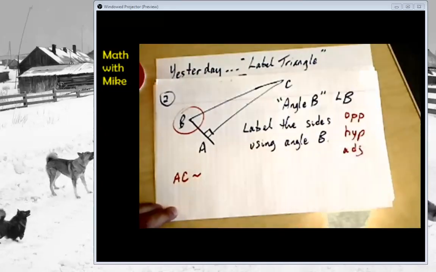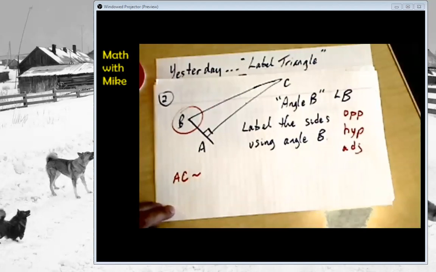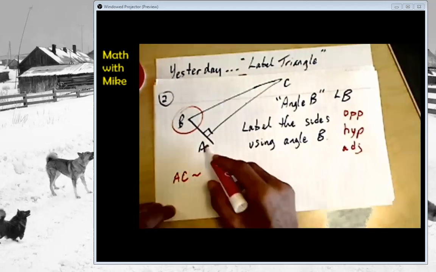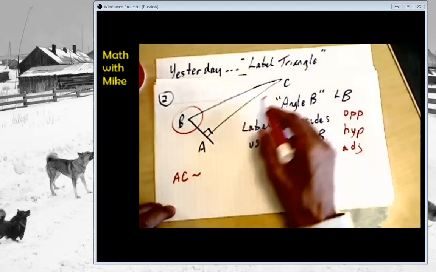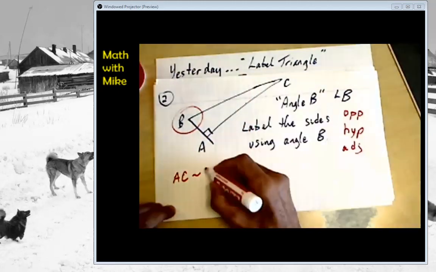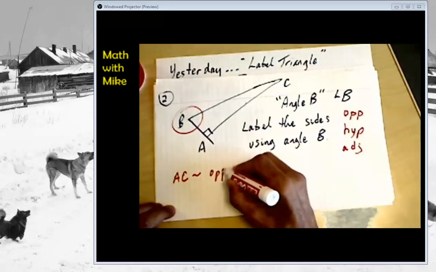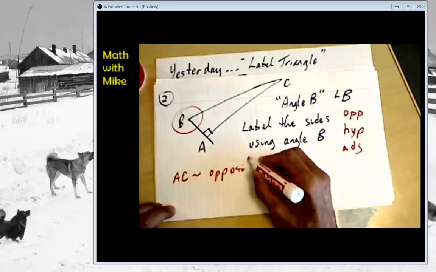Same sides, different order. Okay, so side AC, which one is that? Opposite. From class, side hypotenuse, AC is over here. Opposite, yeah. That's what Zoom said. Good work, it is.